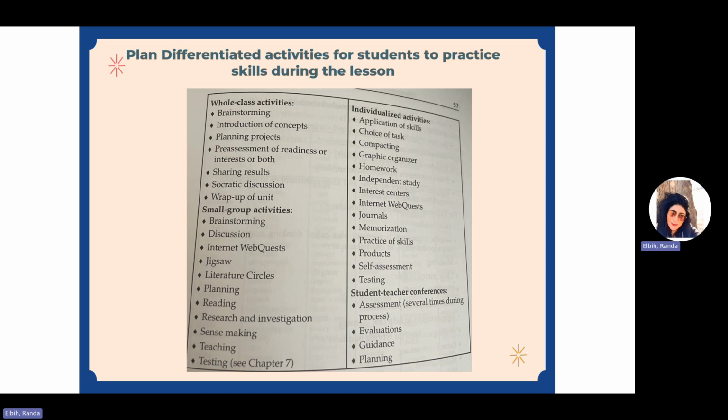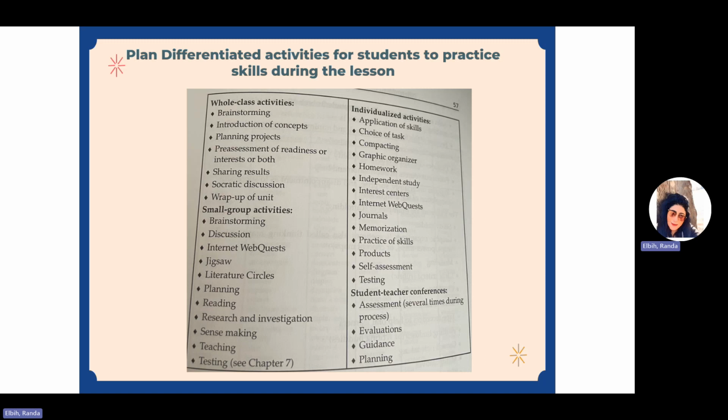So we can place students with different cognitive levels so that they can teach each other. Also, different skill levels, and they can teach each other. For instance, jigsaw, planning, reading, teaching, testing. They can all help each other out along with the teacher.